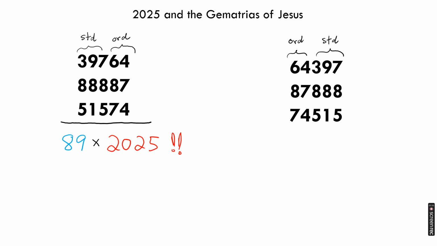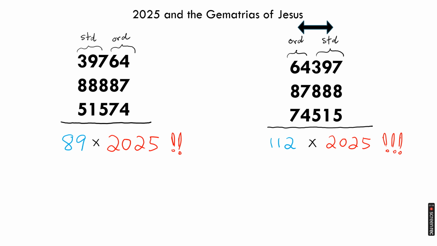The Jesus gematria triplet is so amazing that when they are added as 5-digit numbers, the sum is a multiple of 2025. Not only that, when the standard and ordinal orders are swapped, the 5-digit number total is also a multiple of 2025.